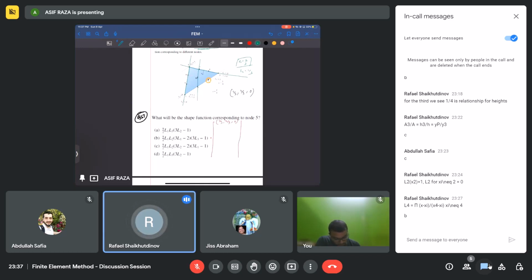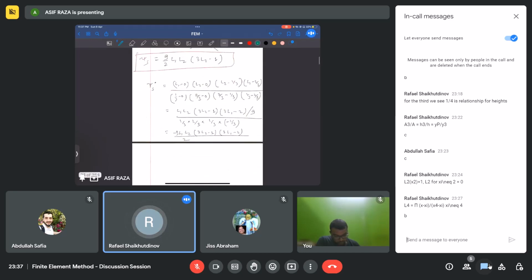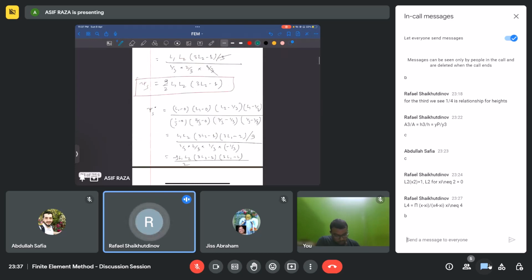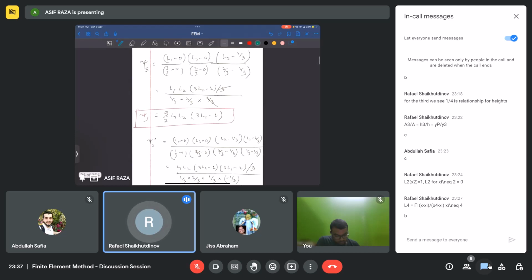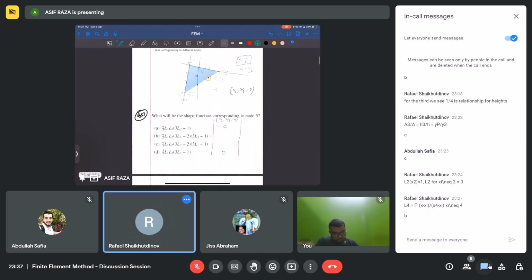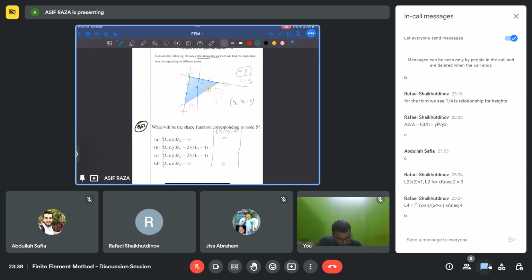So for the node 10, this is 0, this is 0. To eliminate it, you use the line L2 is equal to 1/3. You're saying L2 is equal to 1/3?